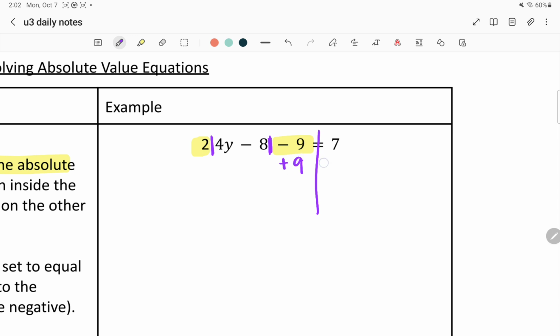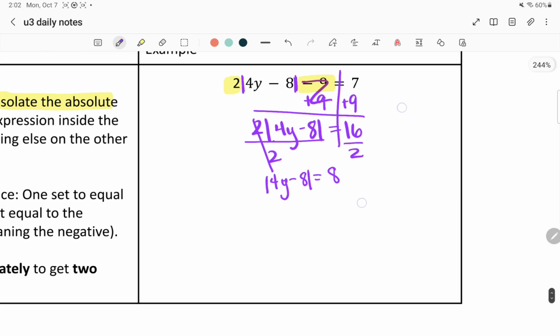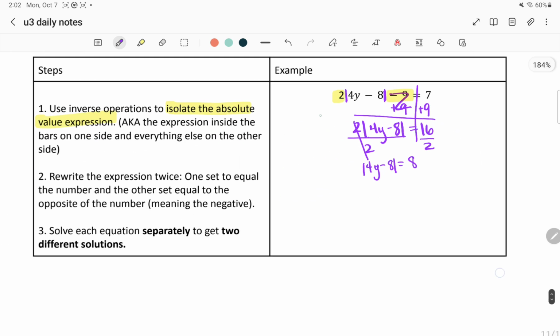So I'm going to add 9 to both sides. And then I'm going to divide by 2 on both sides. And that 2 cancels out the other 2, and I'm left with 4y minus 8 equals 8. So that's step 1.